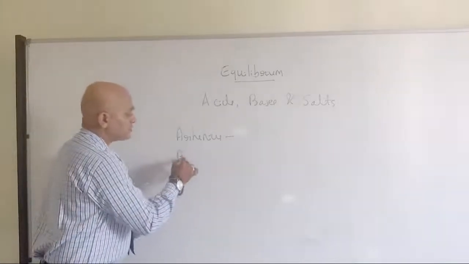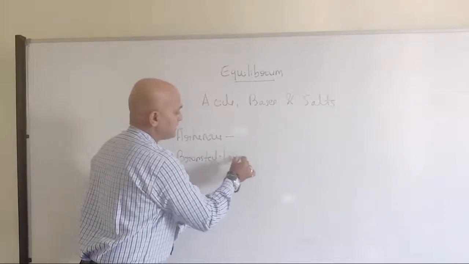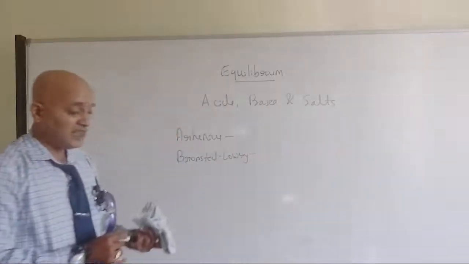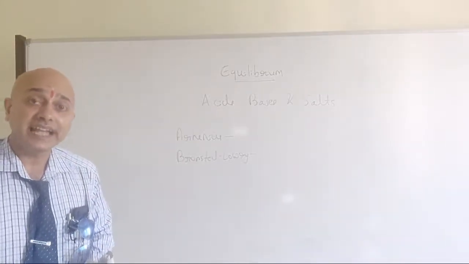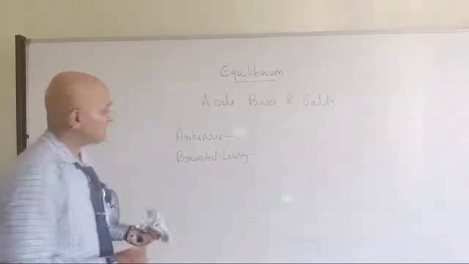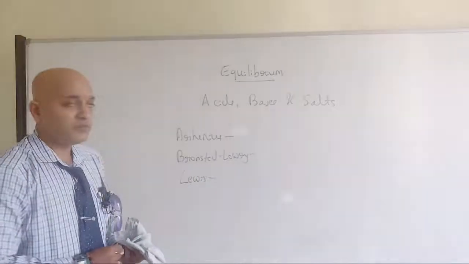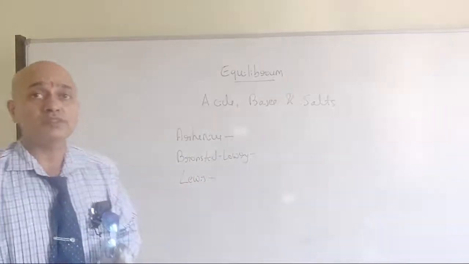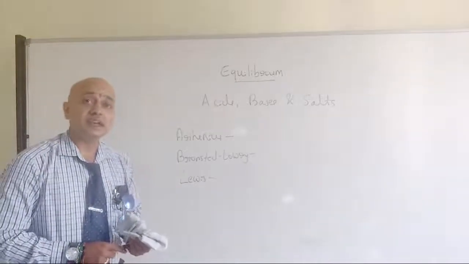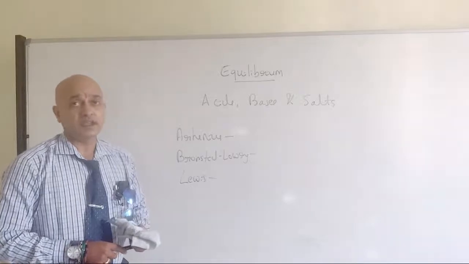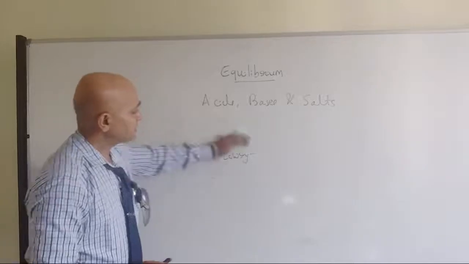The Bronsted-Lowry theory tells that acids are H plus donors, but bases are H plus acceptors. And the last one is the Lewis theory, which talks about acids as electron acceptors and bases as electron donors. All of you have understood? That's what we discussed in yesterday's class.